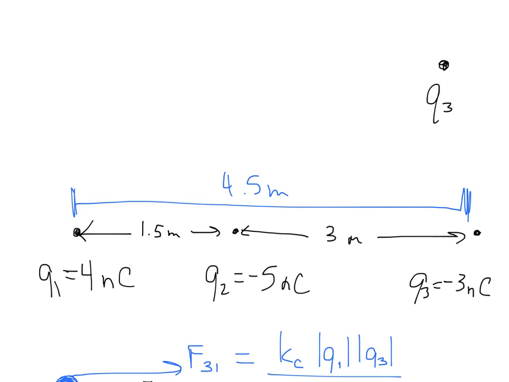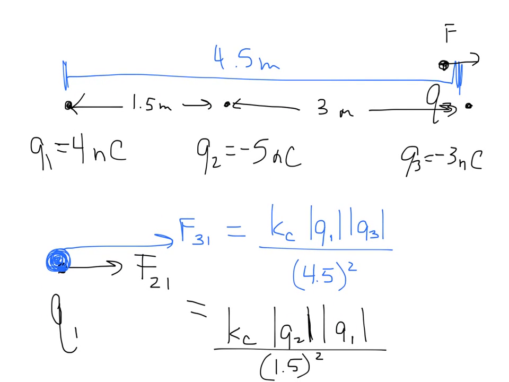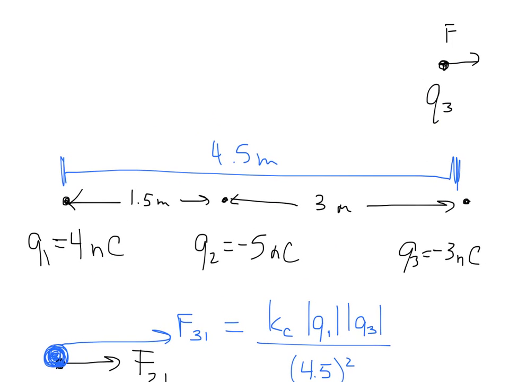So it's got to be away, or to the right. We could say this is a force. Just to be consistent with my subscripts, this is a force acting on particle 3 from particle 2 to the right: F23. Again, a force from particle 2 acting on particle 3.